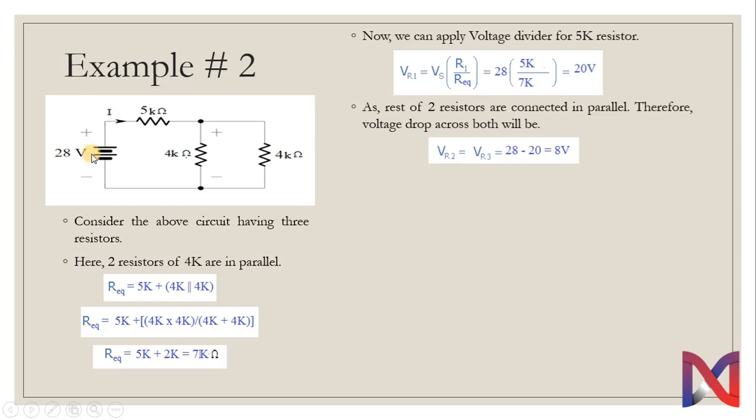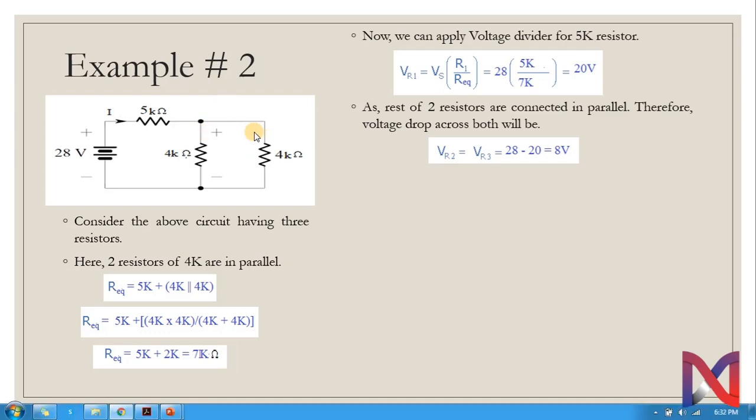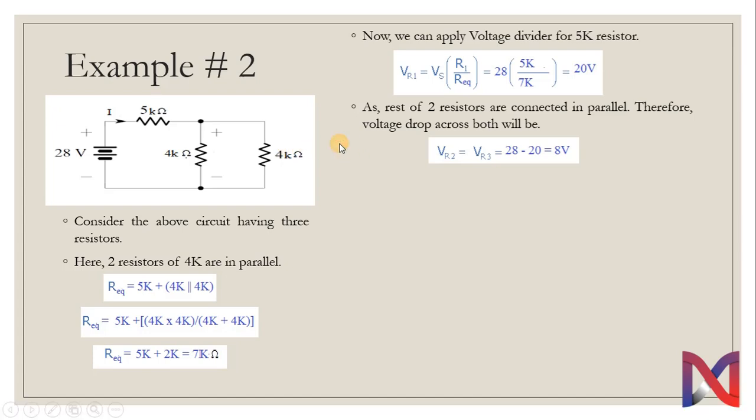We have 28 volts at our source and 20 volt is dropped across 5 kilo ohms. So we can subtract 20 volts from 28 volts to get the voltage right here at this point, which is 8 volts, and 8 volts will be across both of these resistors because voltage remains the same in parallel circuits.